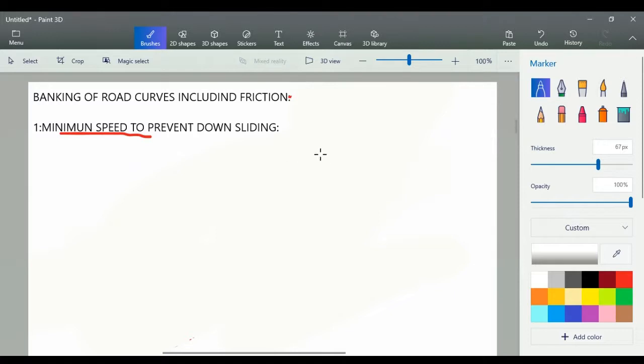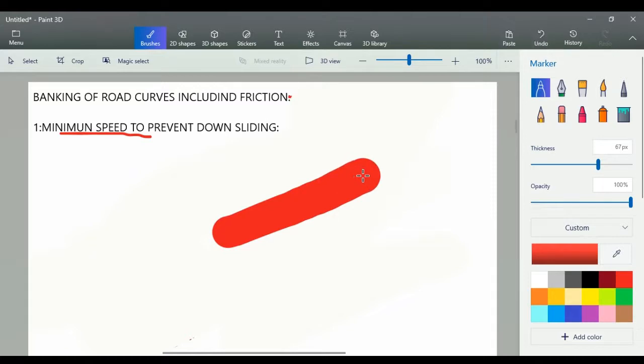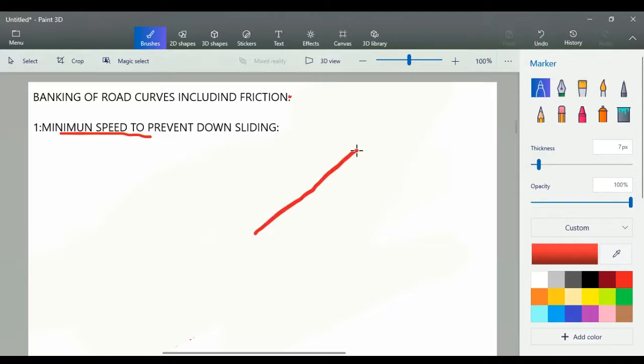So the free body diagram for that will be like this.